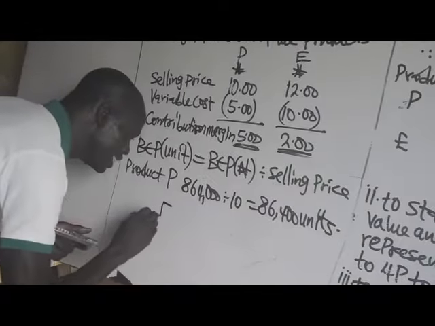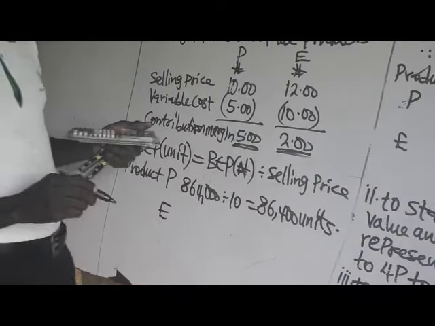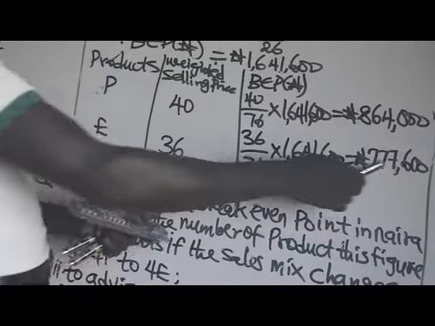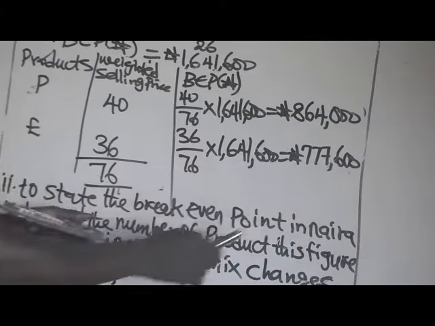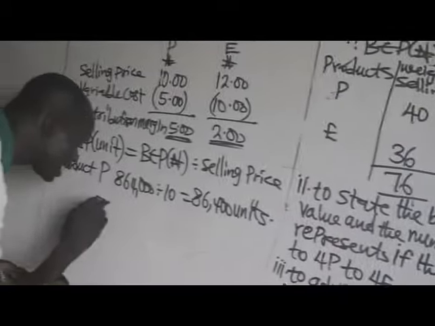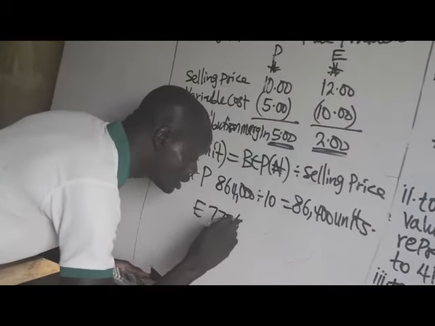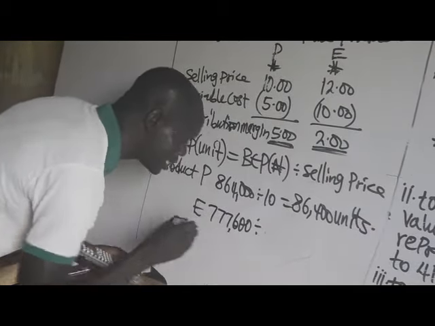While that of product E, the BP in Naira for product E is 777,600. 777,600 divided by the selling price.